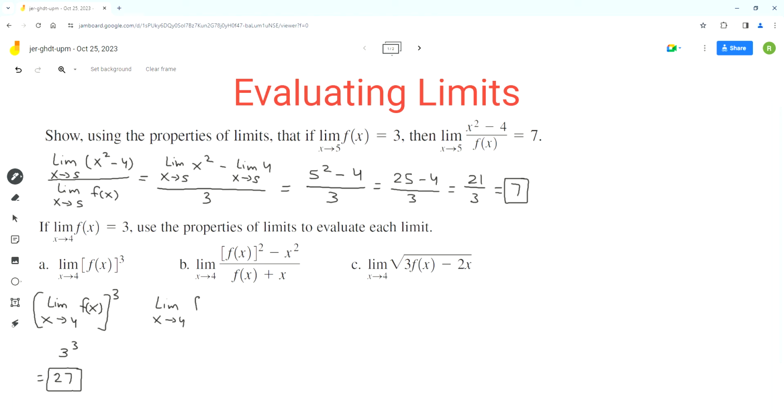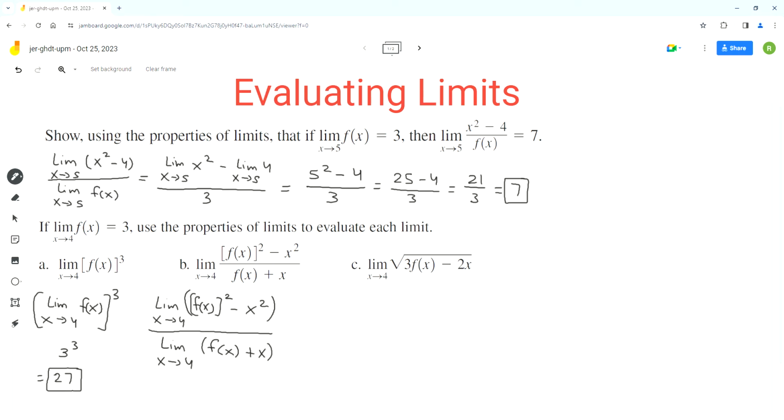So we get limit of f at x squared minus x squared over limit x approaches 4 of f at x plus x. Now we can apply the limit individually to the terms, so we can use the subtraction property in the numerator.